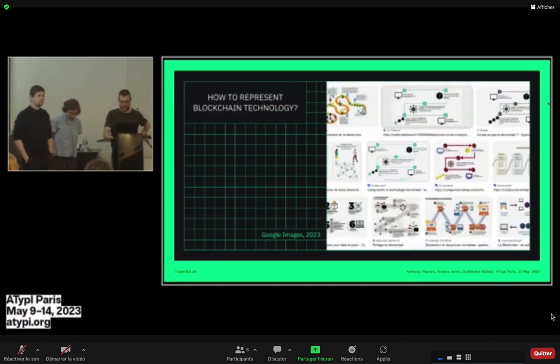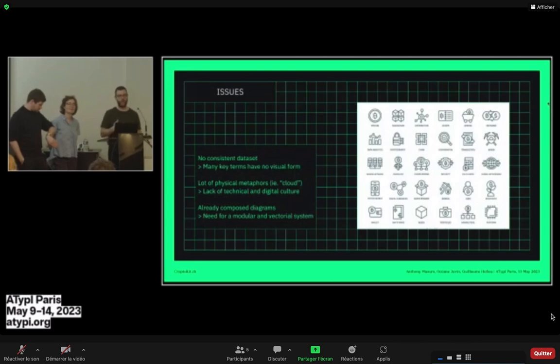If you ask about blockchain functioning, you will find some diagrams, but most of them are not well done and sometimes false also. And you are not able to do your own. So you will be stuck with three main issues. First, there is no consistent data set. There is no complete set of pictograms.